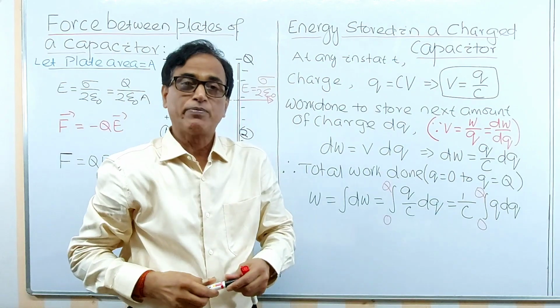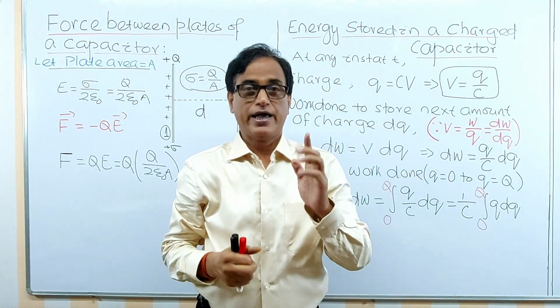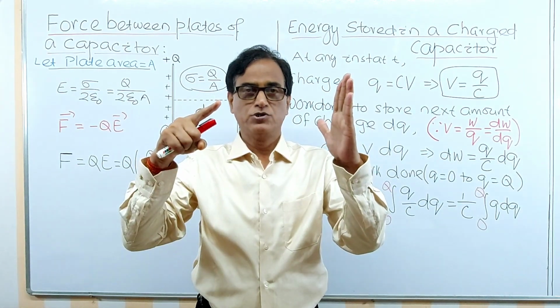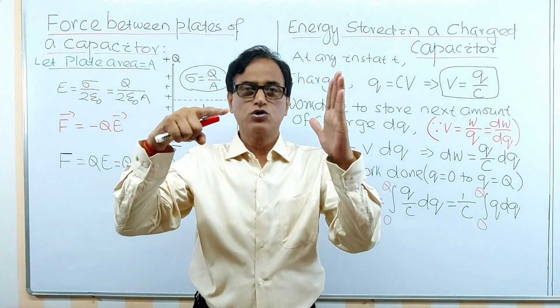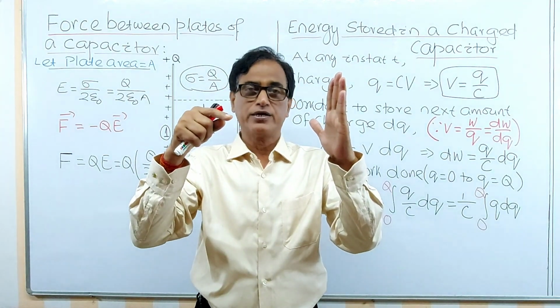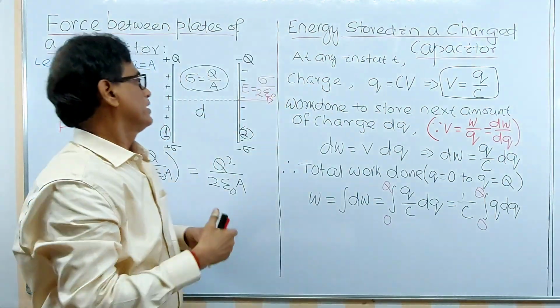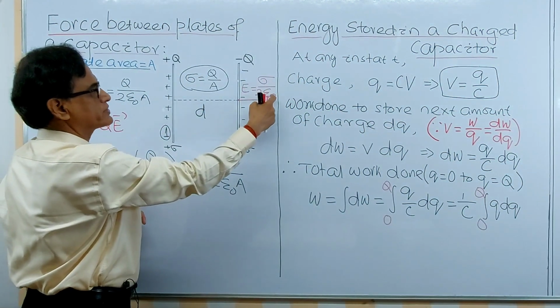As per the applications of Gauss law, the electric field at any point due to a charge sheet is given by sigma upon 2 epsilon 0.